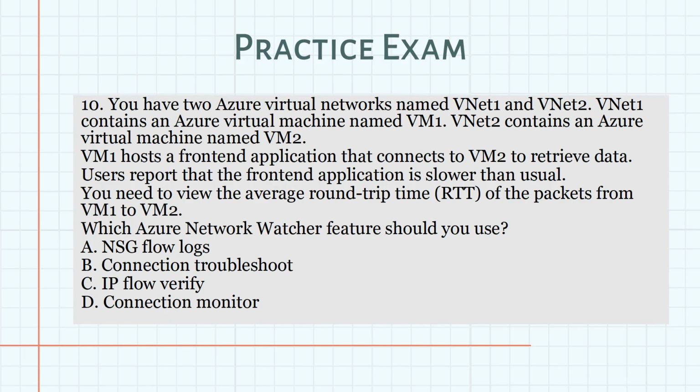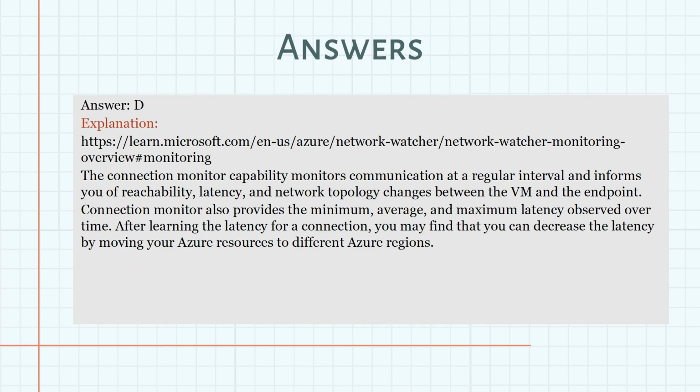You need to view the average round-trip time, RTT, of the packets from VM1 to VM2. Which Azure Network Watcher feature should you use? A. NSG Flow Logs. B. Connection Troubleshoot. C. IP Flow Verify. D. Connection Monitor. Check for the correct answers.